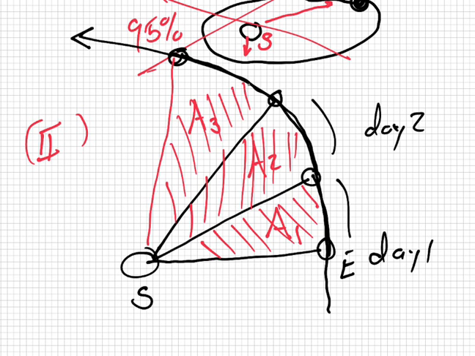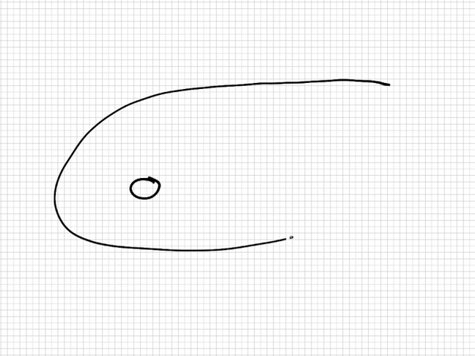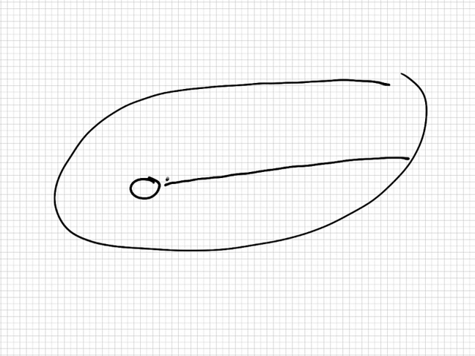So I'll draw a more extreme example. Here there's the sun, there's the earth. So here is 1 day, let's say this is January 1st.